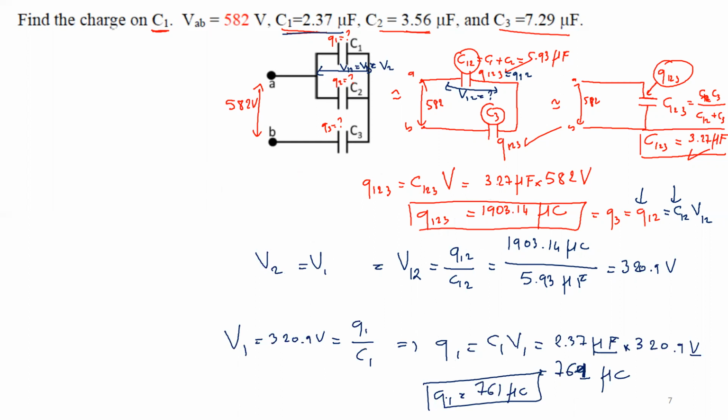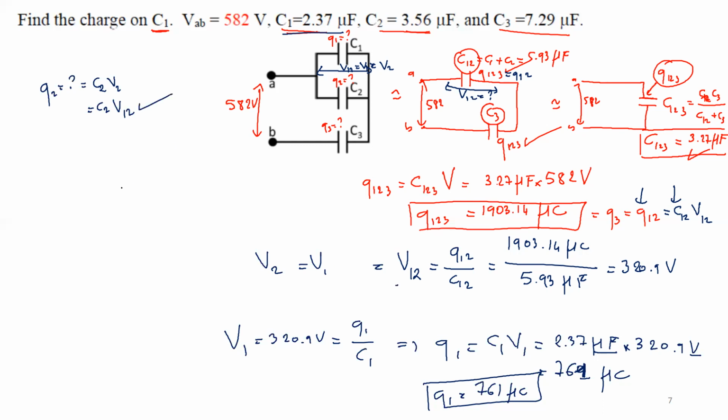Is it clear? These steps will come again and again. I could have asked you what is Q2. You can get it easily. It's equal to C2 multiplied by V2, and V2 is V12. I know C2 and I know V12, so you can get it.